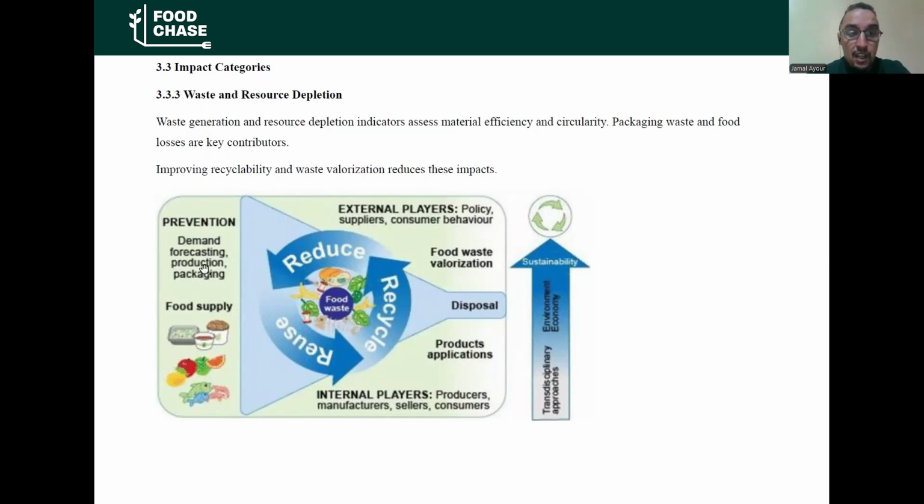The objective is to improve recyclability and waste valorization, reducing this impact using the concept of life cycle assessment (LCA) of the process to improve reduce, recycle, and reuse of the product, as we explained in the last section.